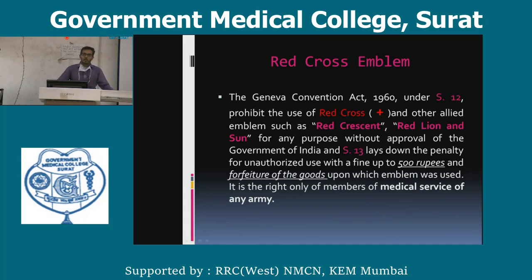If we use them, Section 13 says there will be a penalty for the unauthorized use, with a fine up to 500 rupees and forfeiture of the goods upon which the emblem was used. It is a right only for the members of the medical service of any army.